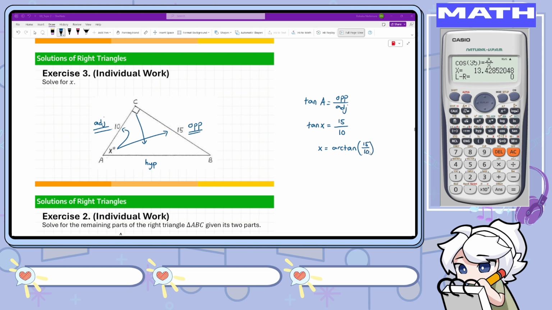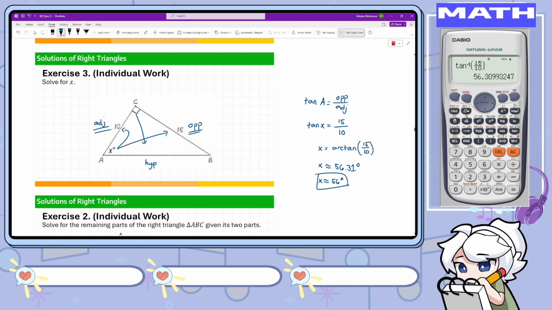And now we use our calculator again to shift tan or arctan on this case, 15/10. Thus, our answer is approximately x is equal to, or approximately 56.31 degrees. Or if the instruction says round up to the nearest degree, it's gonna be approximately 56 degrees. There you go.